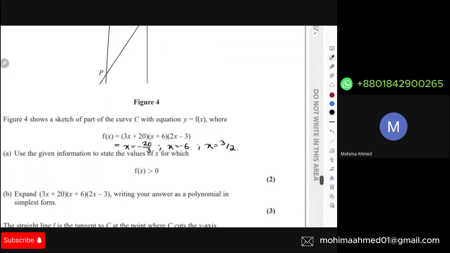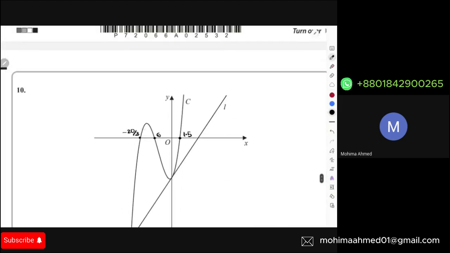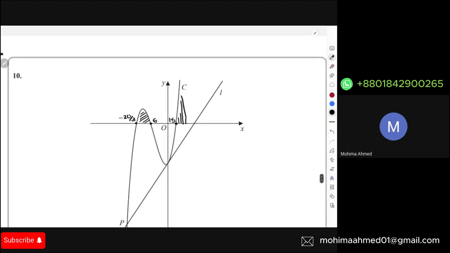It was also stated that they want to find out the range for greater than 0. Greater than 0 means that this portion over here will be involved, and these portions are going to be involved. This is your 1.5. So for this range, I'm going to write x is less than minus 6, less than minus 20 by 3.